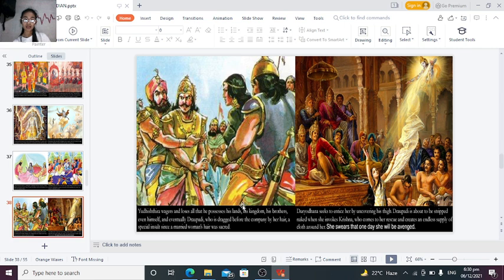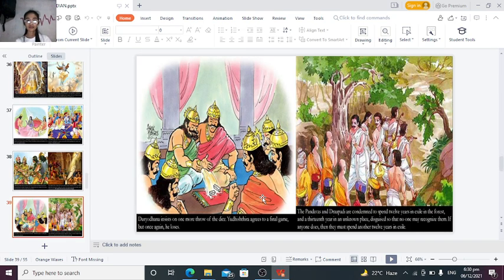So, Duryodhana took advantage of Yudhishthira's weakness, which is gambling. Duryodhana insists on one more throw of the dice. Yudhishthira agrees to a final game, but once again, he loses.